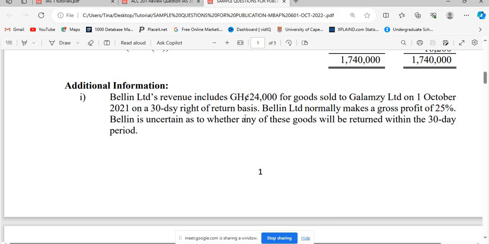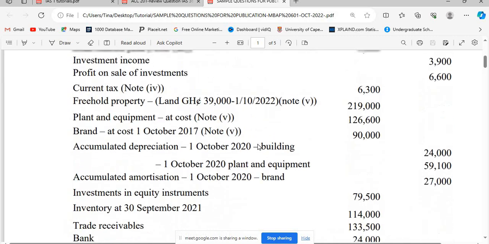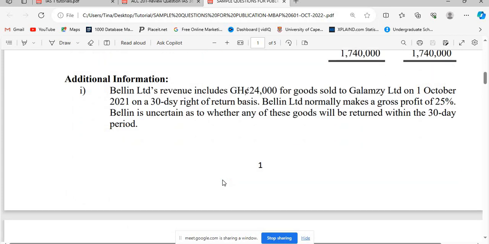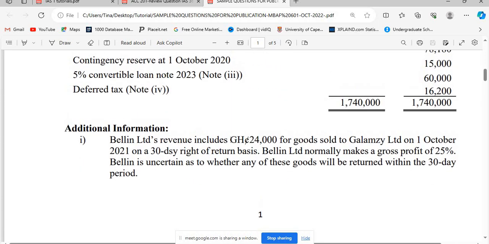Right. So the statement has 24,000 included in the total revenue. We were told that this transaction which Berlin Limited had with Galamsey Limited has a 30-day right of return basis, and we all understand right of return basis.